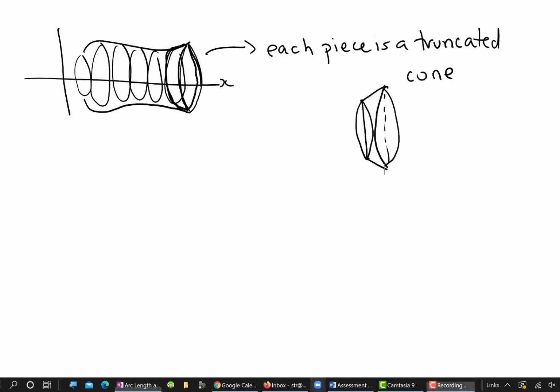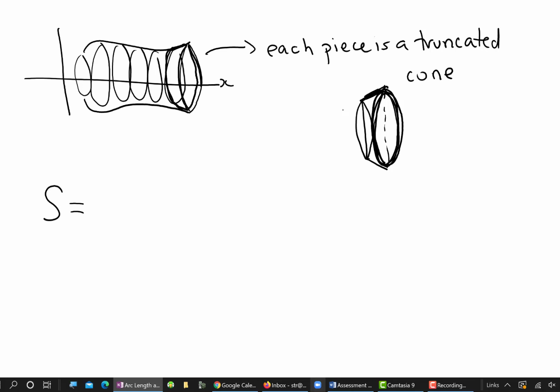Similar to what we did with arc length, we can find the surface area by taking these really small circumferences, and then measuring the arc length, and using both the arc length and the circumference to make very small arc length changes to estimate and then calculate using integrals the surface area.